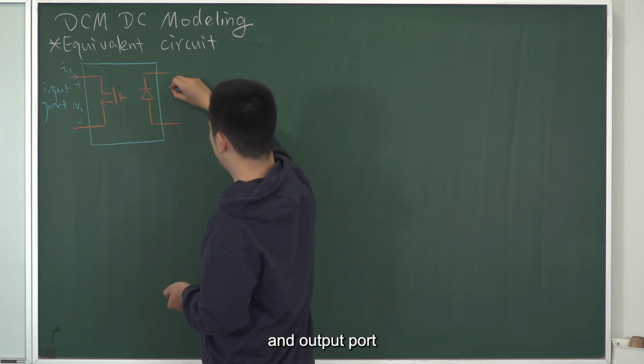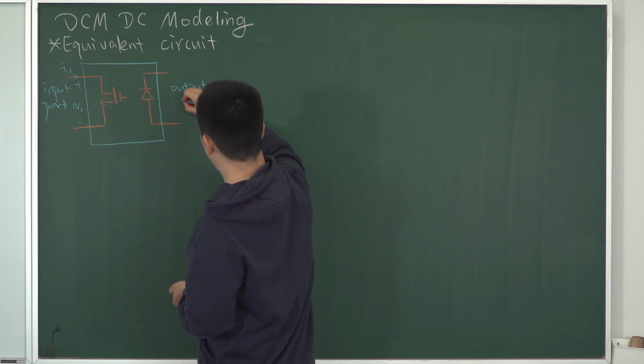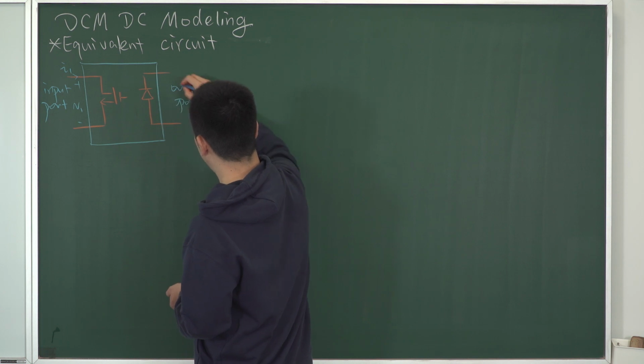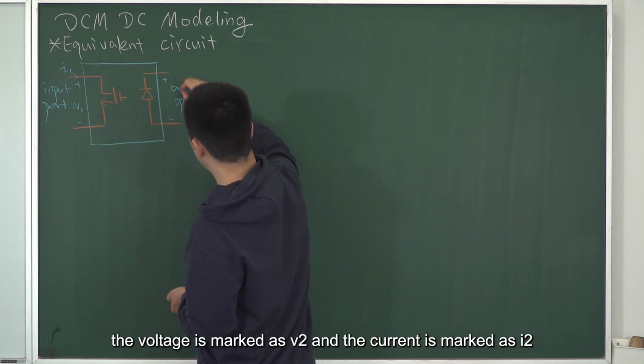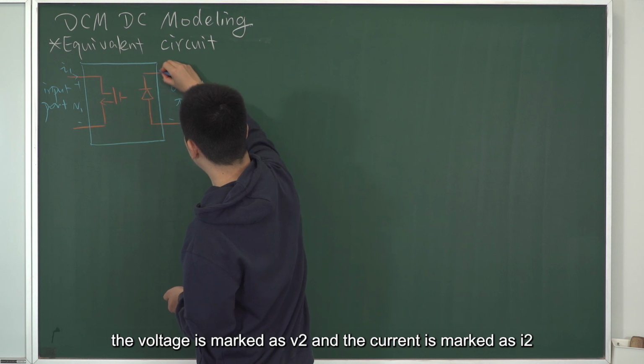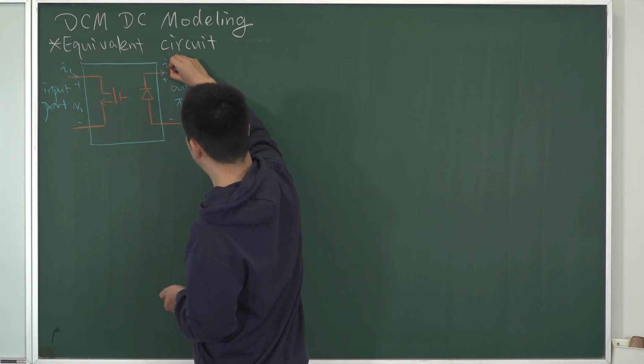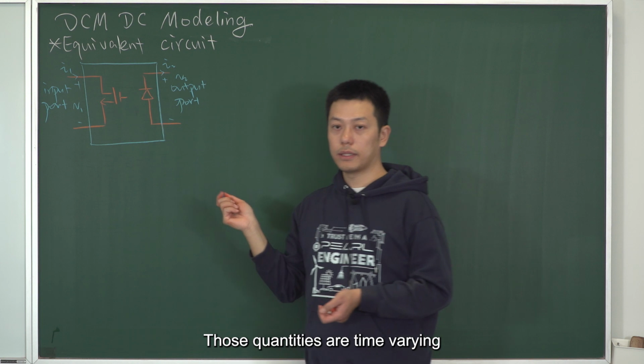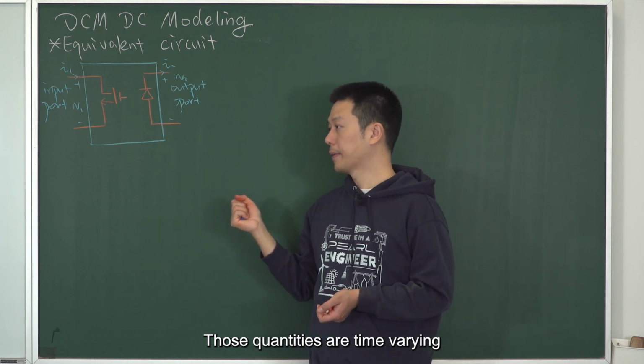And output port, the voltage is marked as V2, and current is marked as I2. Those quantities are time varying, right?